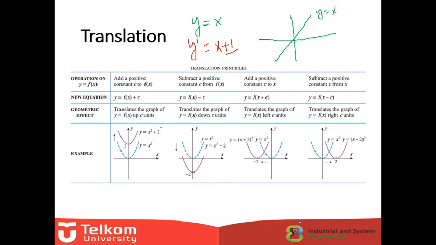It means move 1, go up 1. So it should be like this. This is 0, 0, and in here should be 0, 1. Then this is y prime, which should be parallel with this one.